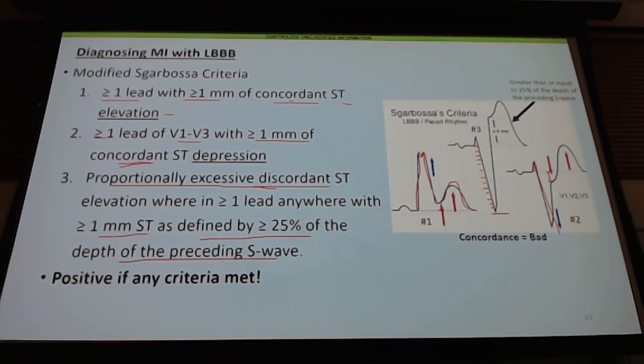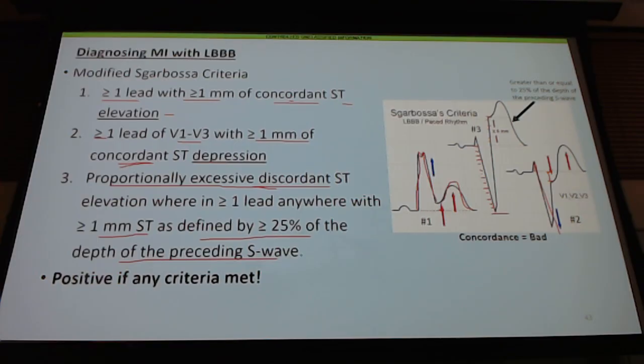Then let's say 1, 2, 3, 4, 5, 6, 7 up. So 14 down, 7 up. Is that greater than 25%? The answer is yes, it's 50%, right? So that is an excessive elevation of a discordant ST elevation.